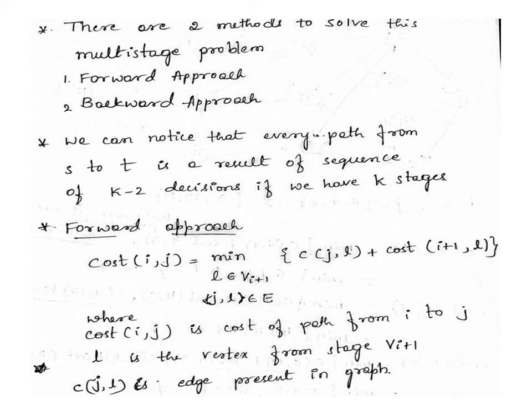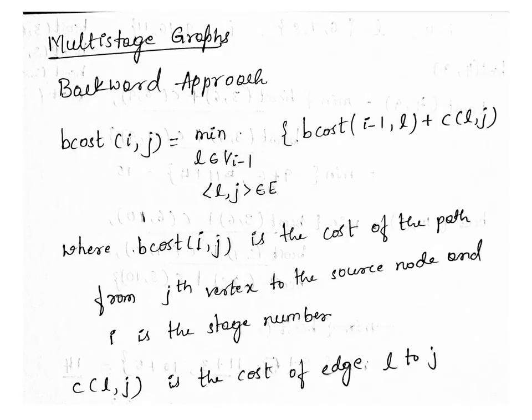Here cost(i, j) is the cost of the path from j to the sink, and c(j, l) is the cost of edge (j, l) from the graph. We will discuss this with an example.